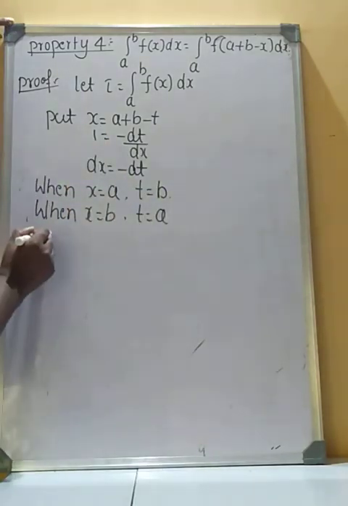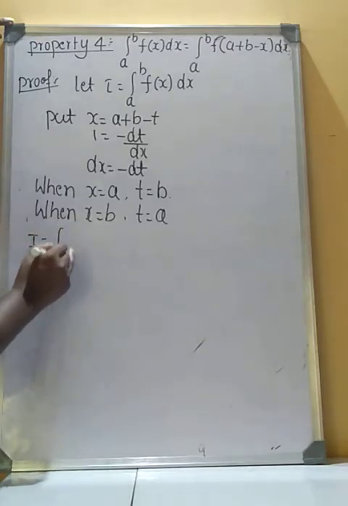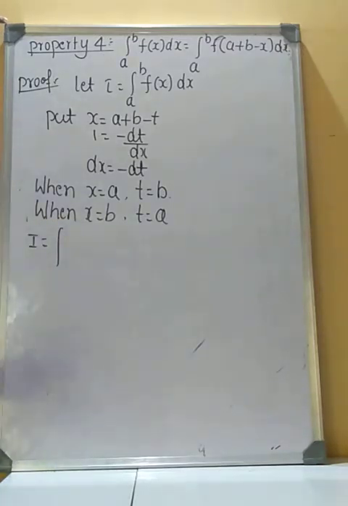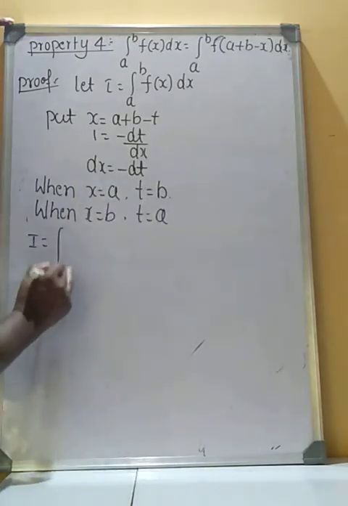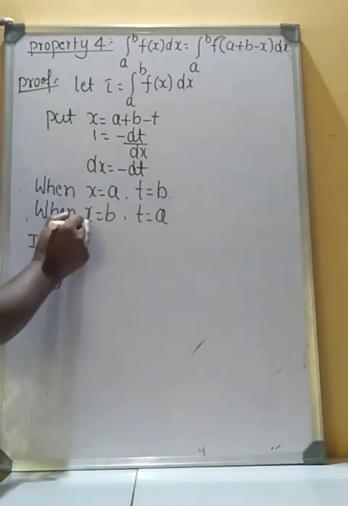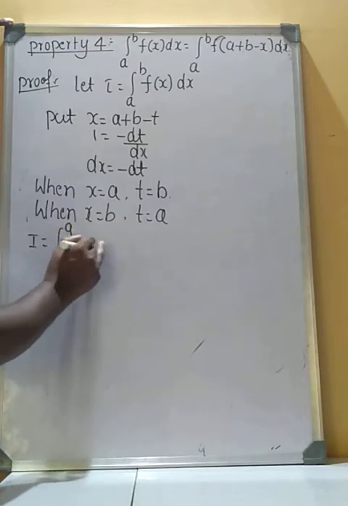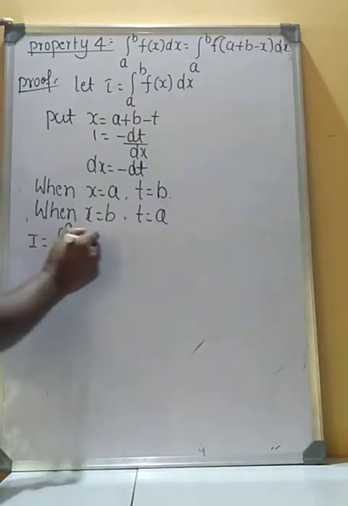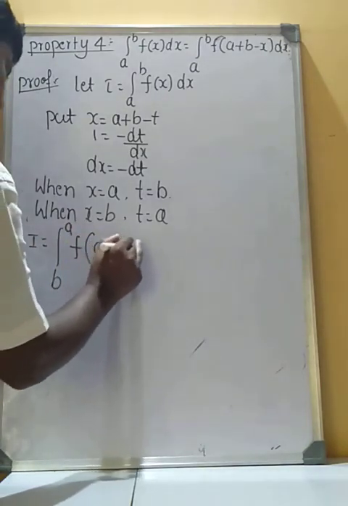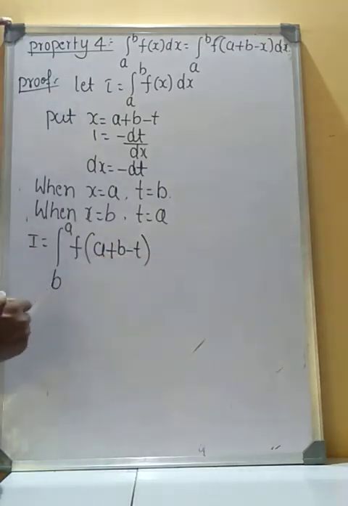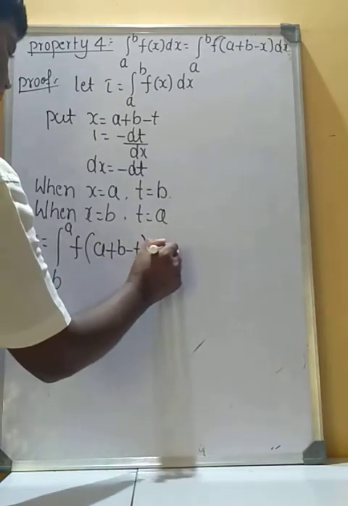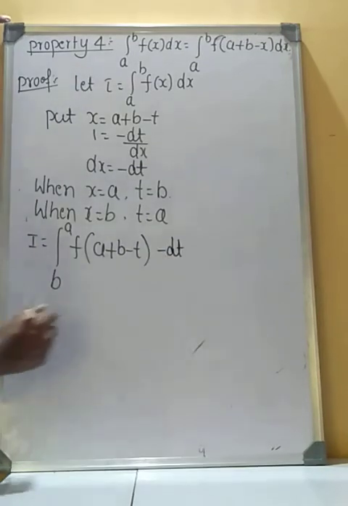So substitute in the given integral: x is a, t is b; x is b, t is a. It is f of a plus b minus t, and dx is minus dt.